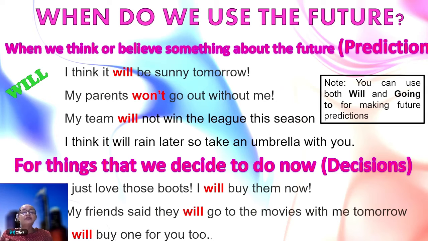My friend said they will go to the movie with me tomorrow. That's a decision that they made, that they're going to go with me to the movie tomorrow. I will buy one for you too. That's a decision that I made. So remember, you use will for prediction, you use will for decision. Those are the situations where you use will.